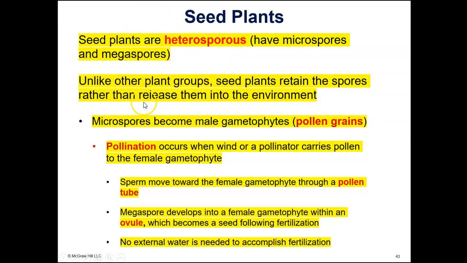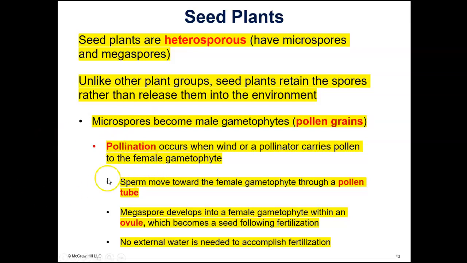Unlike other plant groups, seed plants retain the spores rather than release them into the environment. Remember, mosses came from the phylum Bryophyta, and ferns from the phylum Pteridophyta. Both of those release spores and don't produce seeds.